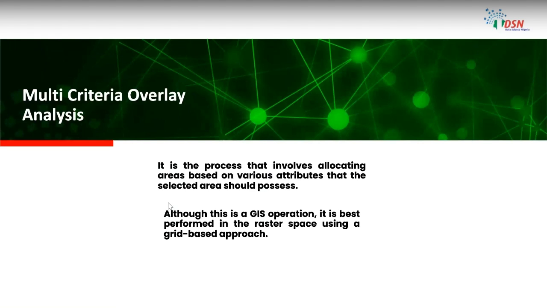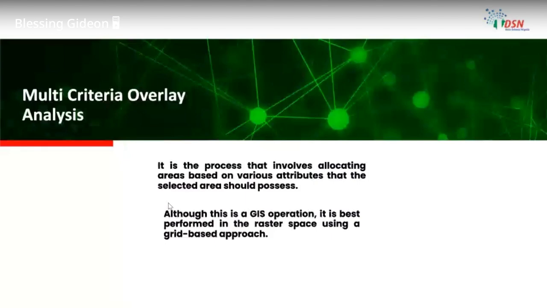Although this is a GIS operation, it is best performed in a raster space using a grid-based approach, right? The data we have available at the moment is in vector format, but multi-criteria value analysis is best applied on raster datasets.